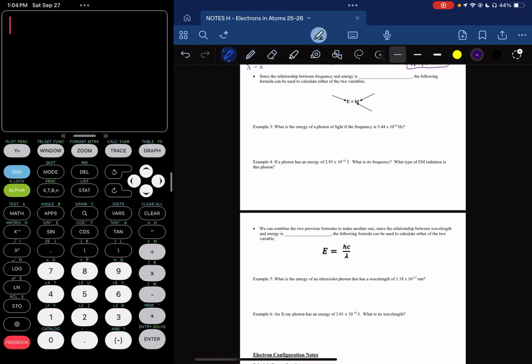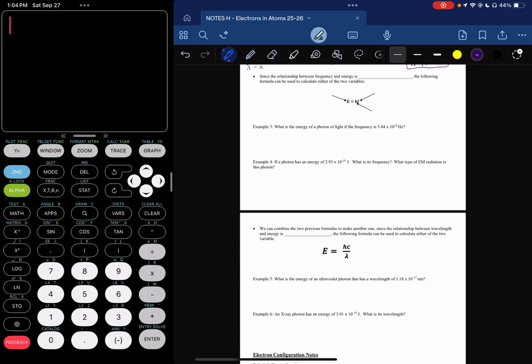All right, so this is part two of the light calculations that are in your notes packet. So now we're going to look at a different one. And this particular formula uses Planck's constant to calculate energy and a relationship with frequency.